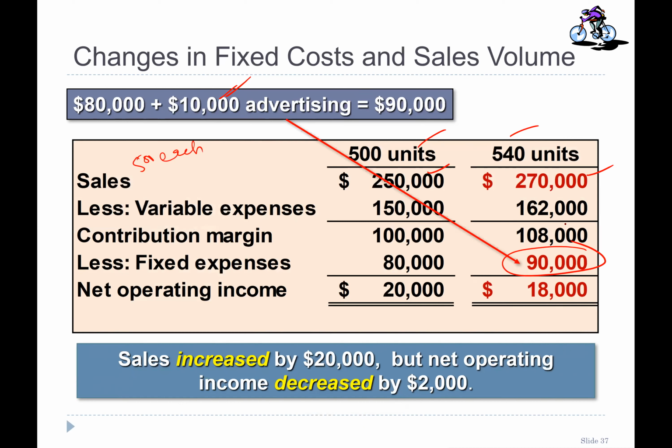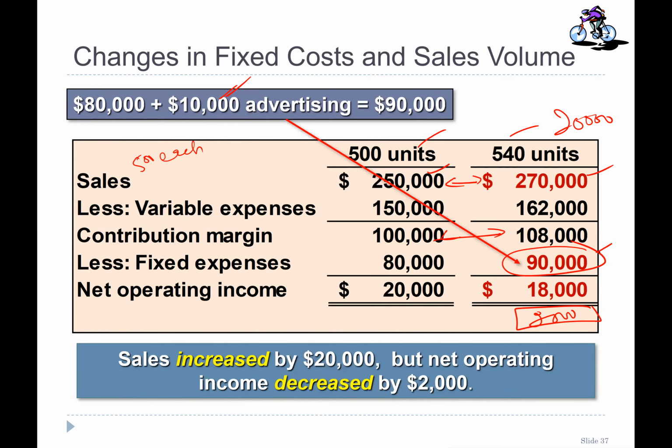And look at the magic here. Our sales increased by 20,000 here, but our profit is decreased by 2,000. And what is the reason? Even though our contribution margin has increased, even then we are having 2,000 decrease in net operating income. Why?